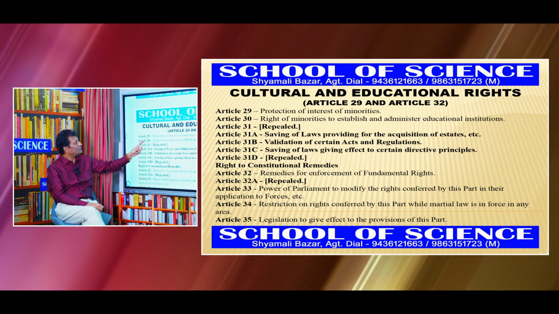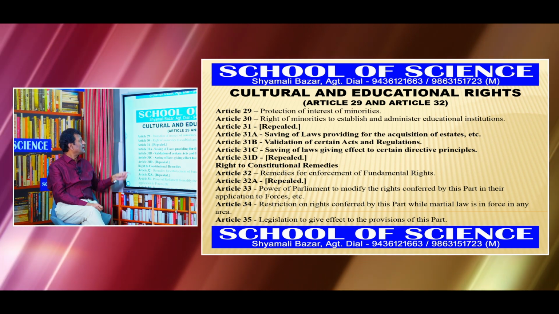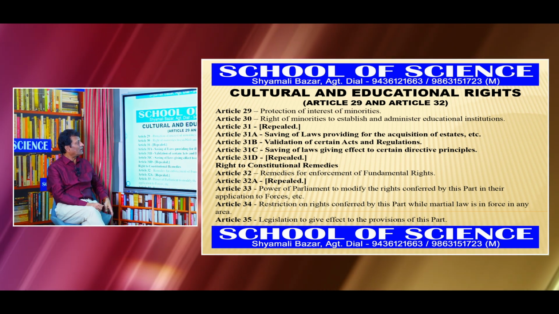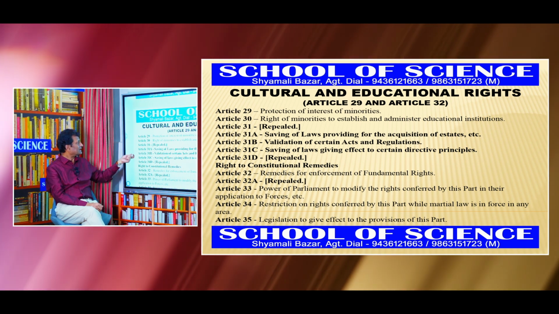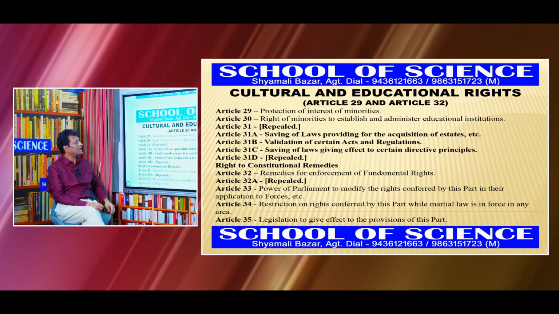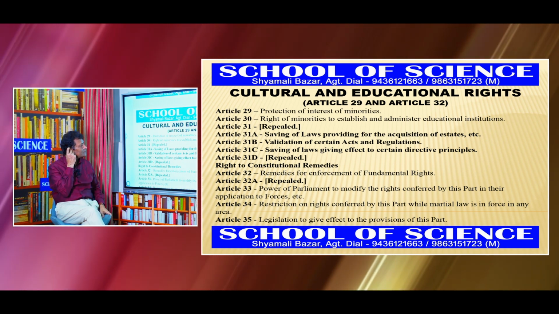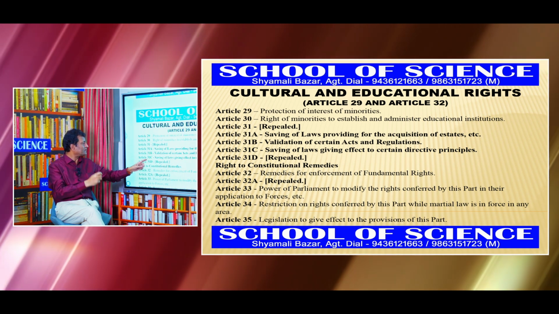Article 30, right of minorities to establish and administer educational institutions. Article 31 been repealed. Article 31A, saving of laws providing for the acquisition of estates, etc. Article 31B, validation of certain acts and regulations. Article 31C, saving of laws giving effect to certain directive principles. Article 31D, again removed, repealed.